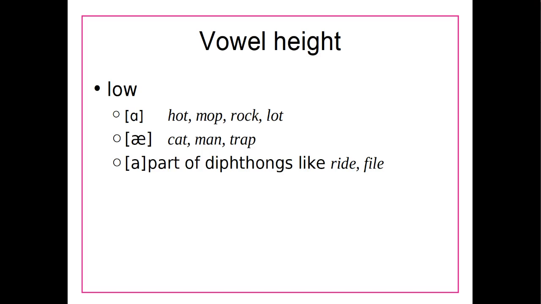We will see these in a second, but in English, we hear this in the words ride or file. If you open your mouth and say ah like at the dentist, that is probably the closest thing to this sound.